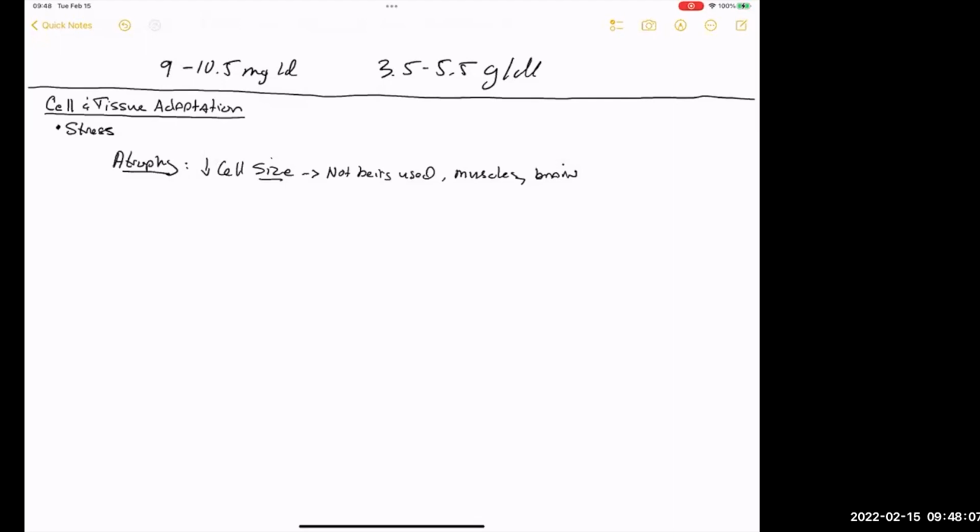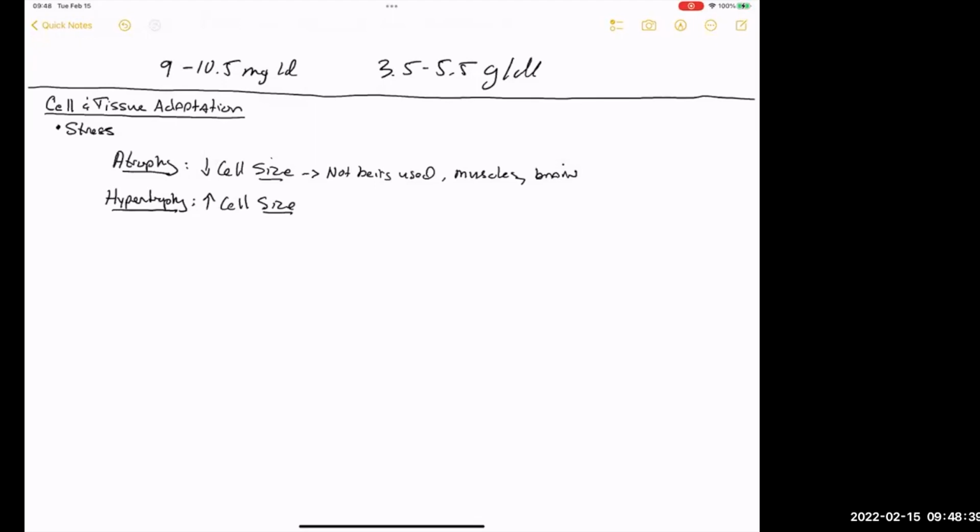All right. And then that is kind of the opposite of something called hypertrophy. And hypertrophy is the opposite of atrophy. This is an increase in cell size. All right. So it's not an increase in the number of cells, but it is an increase in the size of the cells. And as you might imagine, this tends to be very common in the setting of muscles.